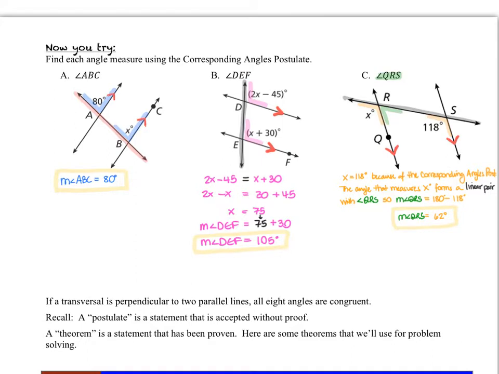If a transversal is perpendicular to two parallel lines, then all 8 angles are congruent.